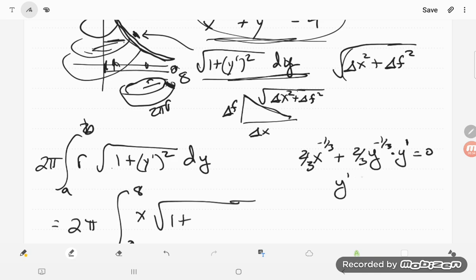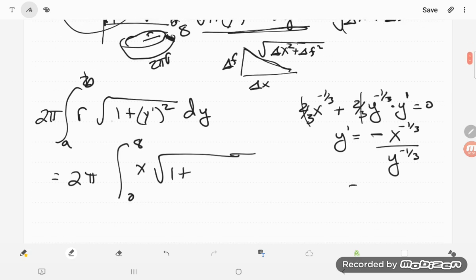So y prime is equal to negative, now the 2/3 can go away, we don't need that, x to the negative 1/3 over y to the negative 1/3. And so that's just negative y to the 1/3 over x to the 1/3.